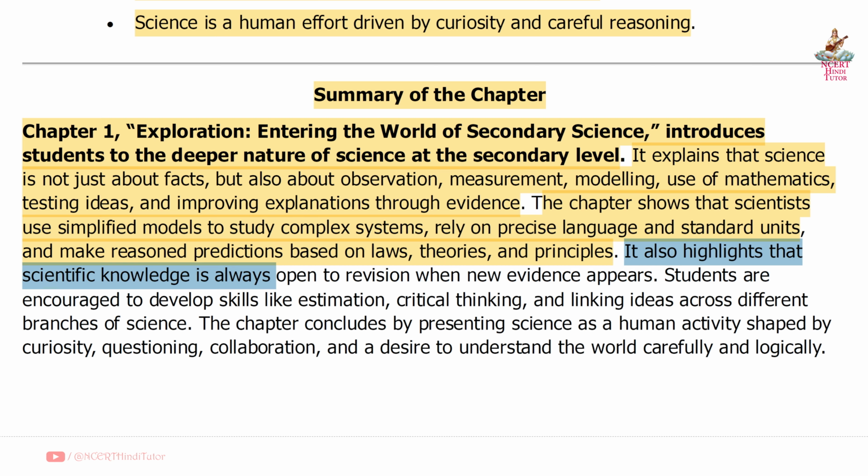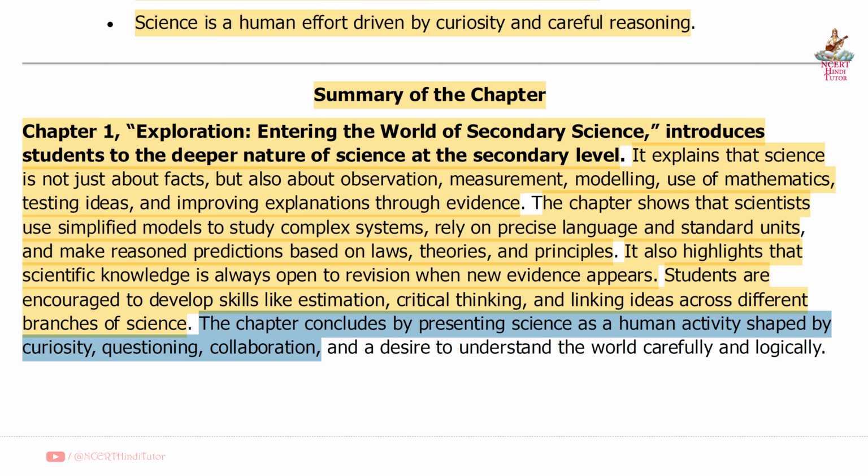It also highlights that scientific knowledge is always open to revision when new evidence appears. Students are encouraged to develop skills like estimation, critical thinking, and linking ideas across different branches of science. The chapter concludes by presenting science as a human activity shaped by curiosity, questioning, collaboration, and a desire to understand the world carefully and logically.